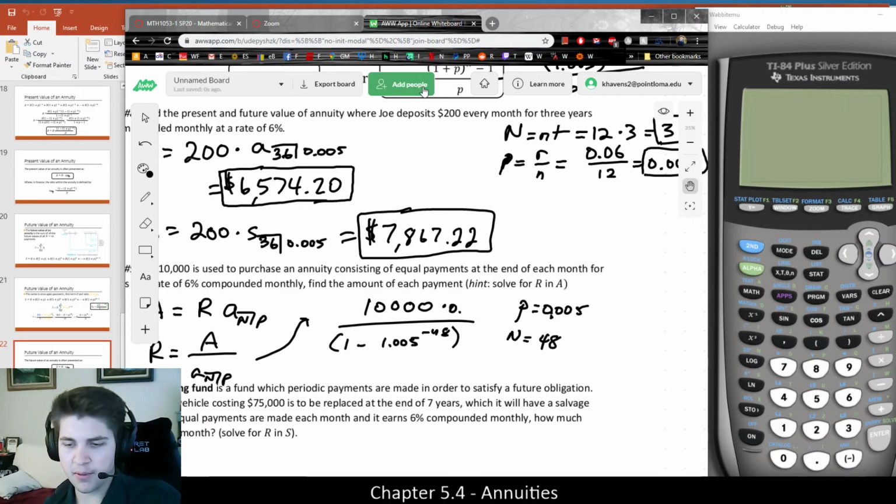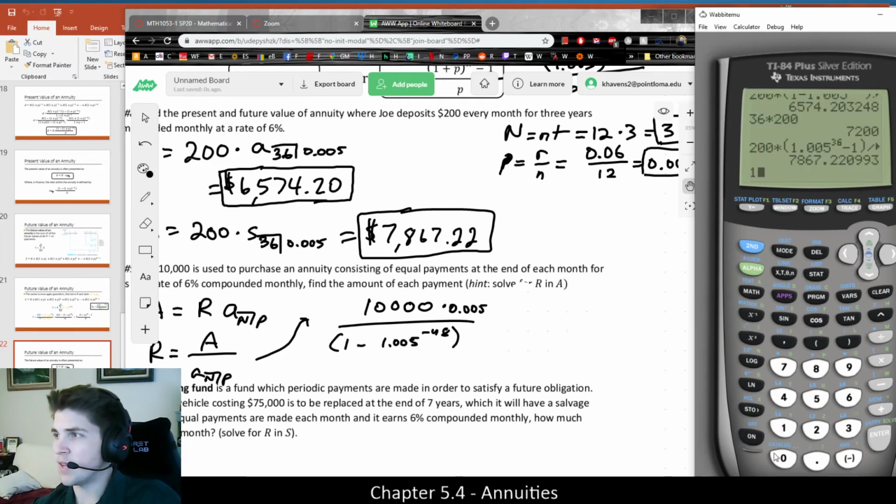Or if you want, you could just type in 10,000 divided by parentheses that number and solve that first. But I'm just going to do it all in one step, so let's throw that in the old calculator.